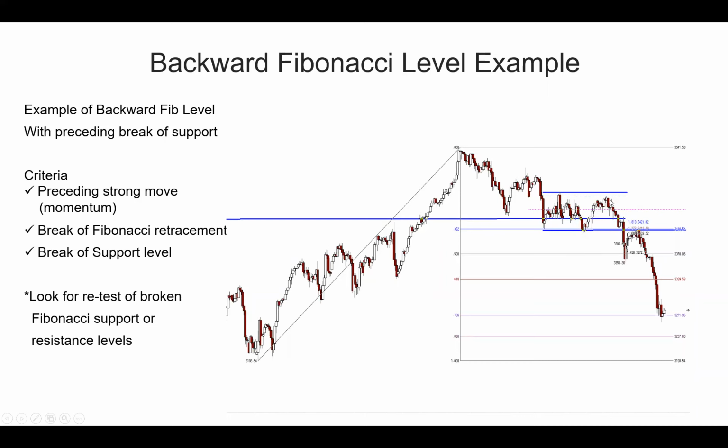Keep in mind, the main thing to remember is that you want a strong preceding move, and then you see the break of that level, and then a retest, because this can set up, many times, an A, B, C, D pattern, or a retracement pattern.